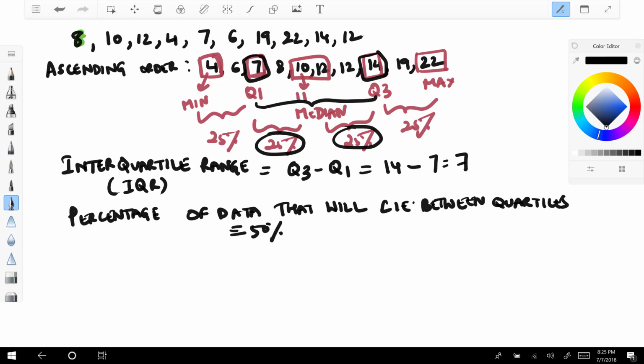So the next thing which we would be interested in knowing is whether there are outliers. So outliers are extreme values.